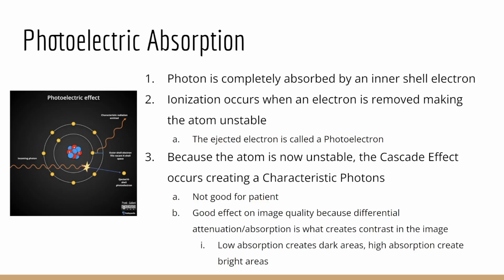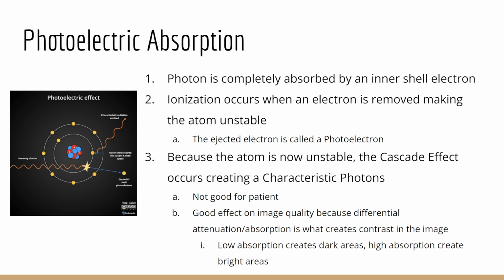The next one is photoelectric absorption. The photon is completely absorbed by an inner shell electron, and then ionization occurs when an electron is removed, making the atom unstable. The ejected electron is called a photoelectron.